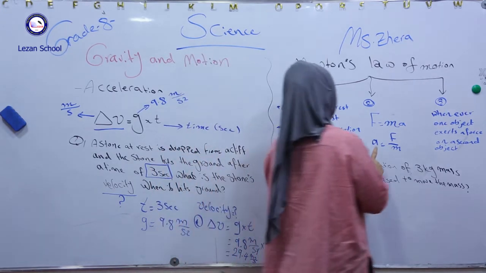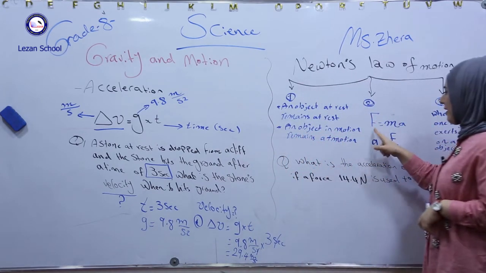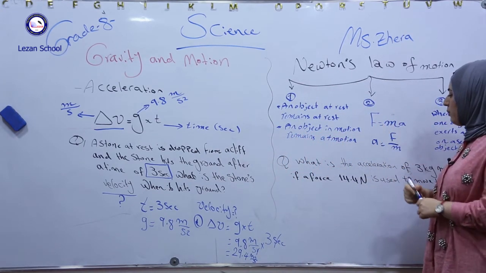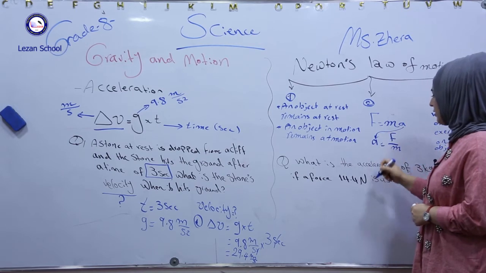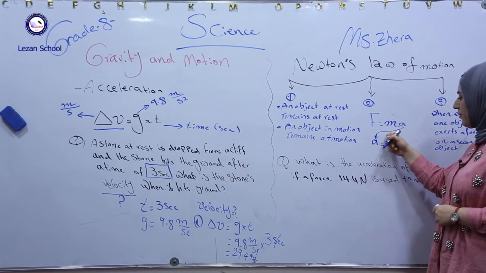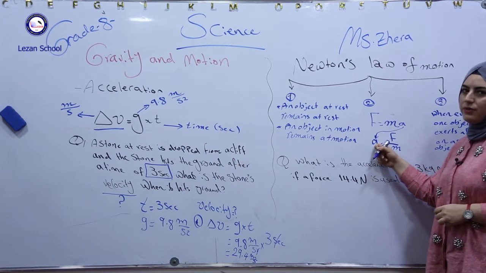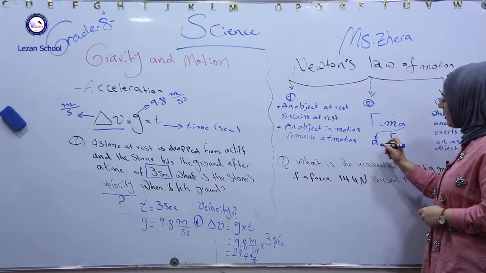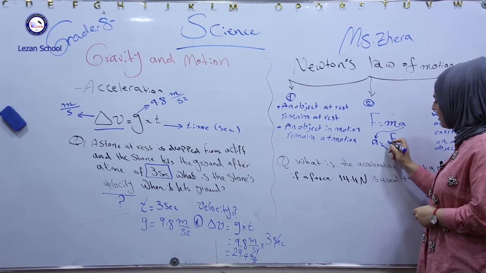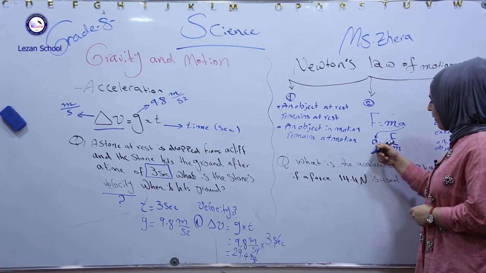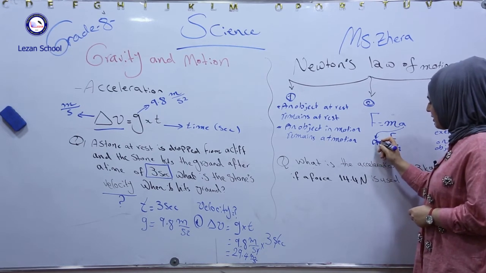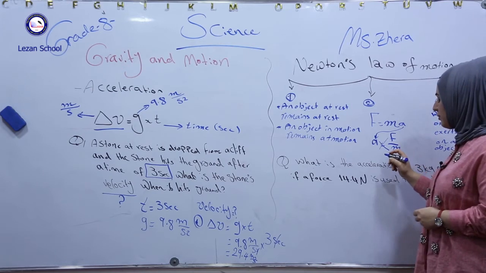The second law talks about acceleration: F equals ma, or if we want to find acceleration, the acceleration changes with the force and mass. When the force increases, the acceleration also increases, but the relationship between mass and acceleration is opposite.